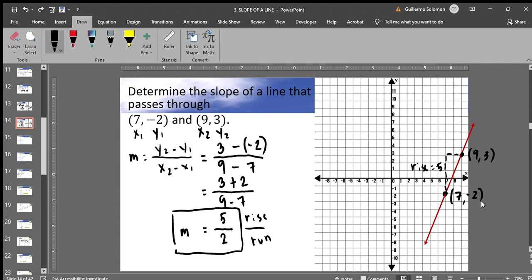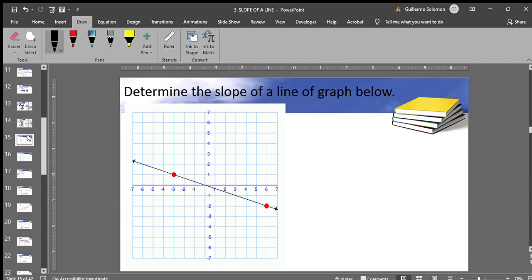So that's how we illustrate our slope of a line that passes through those given points. Okay, next, what if we have a given graph already, and we need to determine the slope of a line from that graph.